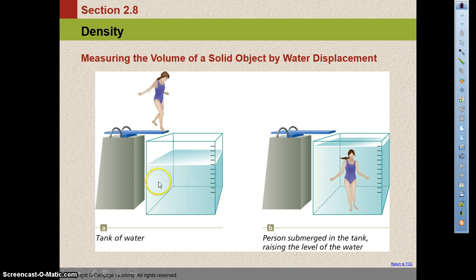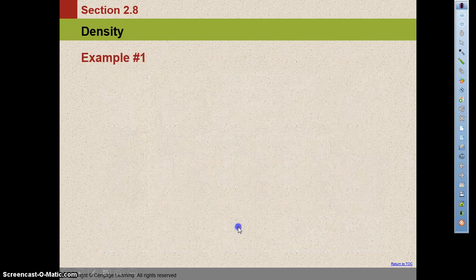So we take a known volume of water, and we put the object in the water, and we record the new volume, and then we subtract the difference between the two, because whatever volume difference there is is the volume that that body or that object took up inside of that particular tank.